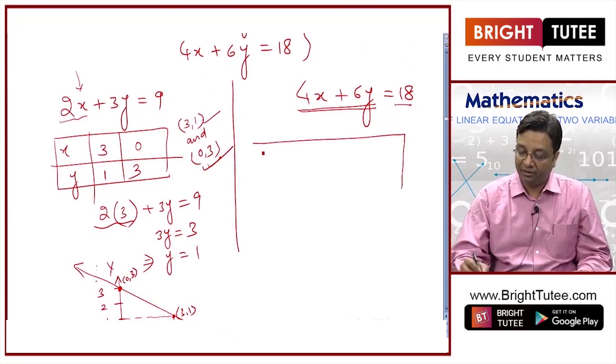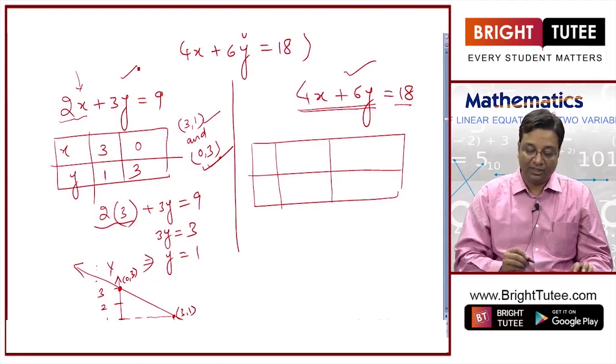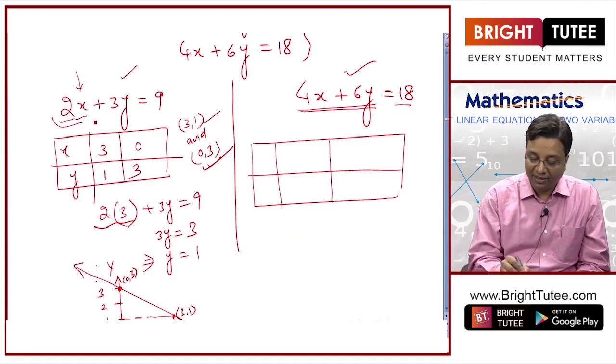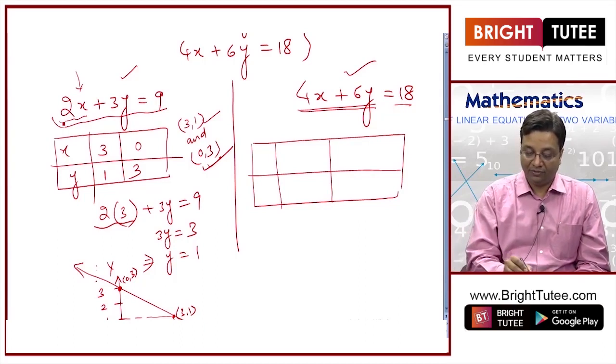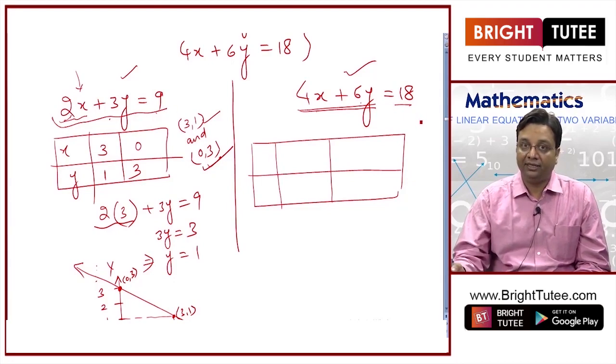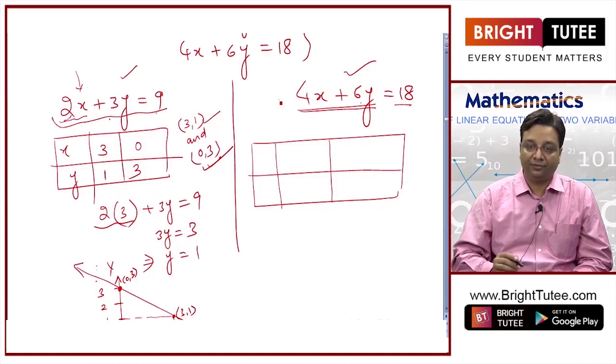Now let us look at the points given by this line here. Again we'll make a table. By just looking at these two lines, you can see that if you multiply this line by 2, you will get this line, right? Because 2x here, 4x here, 3y, 6y, 9, 18 here. So if you multiply this equation by 2, you will get this equation.